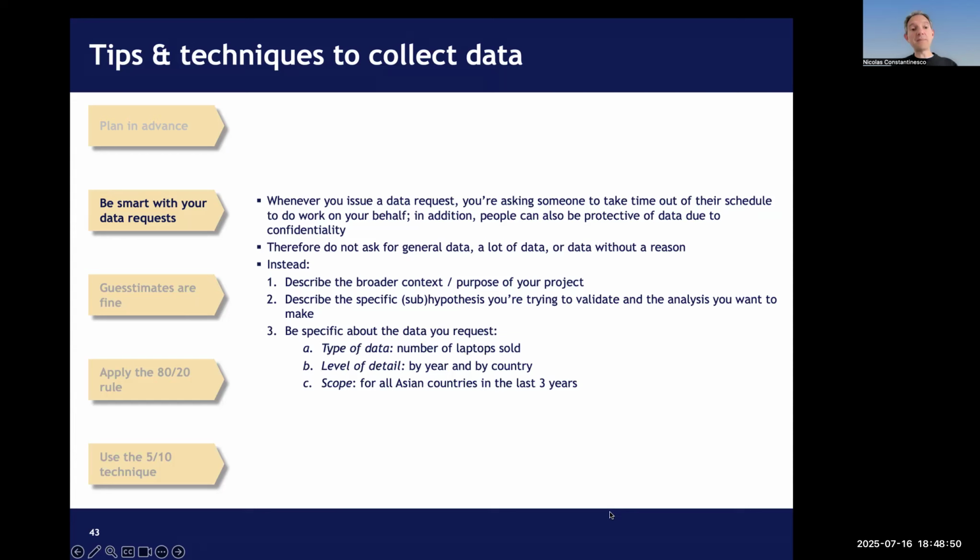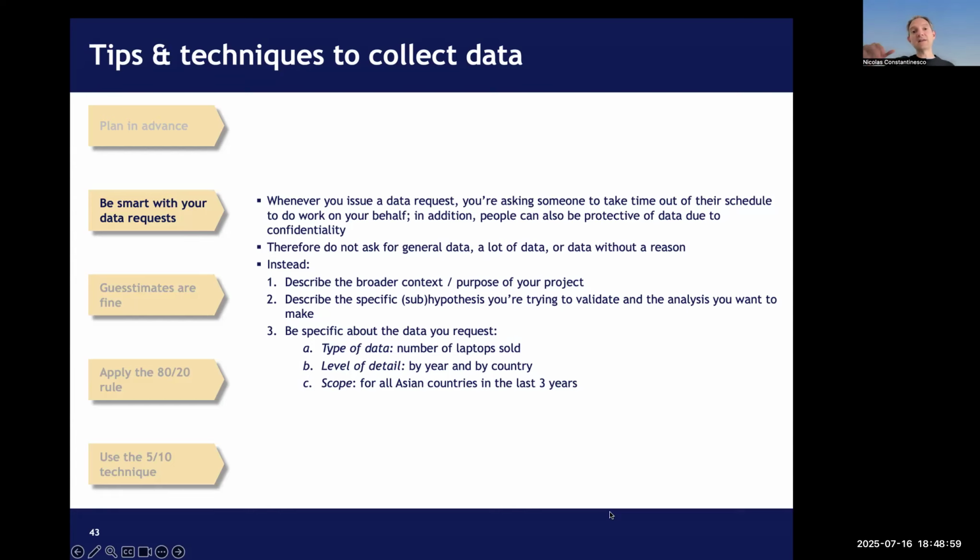So describe the type of data that you want, for example, number of laptops sold. Describe the level of detail, so by year and by country. So these are the columns, let's say, and then describe the scope. So for example, all Asian countries in the last 3 years. And right away, ask for alternative suggestions in case the data that you want doesn't exist in the format that you're asking for.